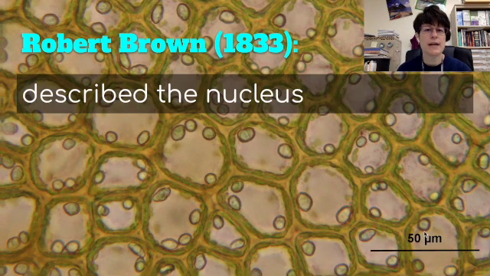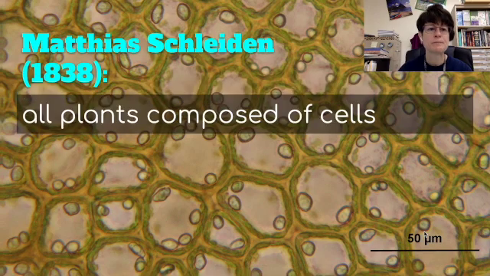Now, there was a long gap while microscopes were improved until Robert Brown in 1833 described the nucleus of a cell. And he really studied the nucleus and discovered many of the things that we know about the nucleus today. Then there was Matthias Schleiden in 1838. He stated that all plants are composed of cells.